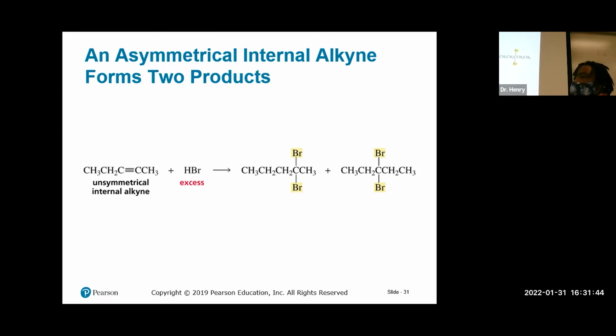It doesn't like to put it on a terminal. Because you have both on both sides, it goes both ways and will actually put it on both sides. So with an excess amount, you're going to end up with both isomers of this compound.